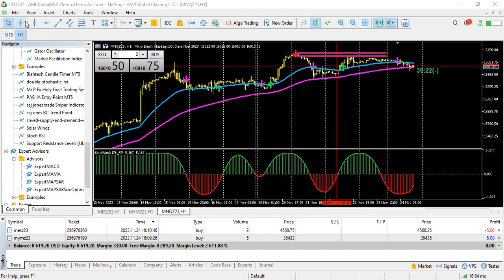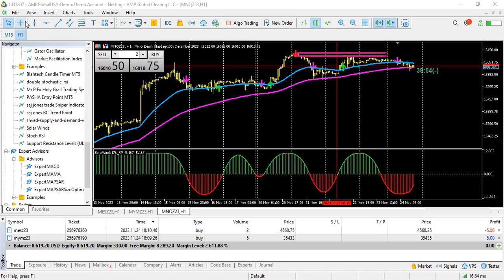Now, when you're trading futures, I just want to make it clear. When you're trading futures, you're not trading currencies, you're trading contracts. So you're basically trading the value of a contract, saying that it's going to go to this point, and then you're selling it to get your money back.